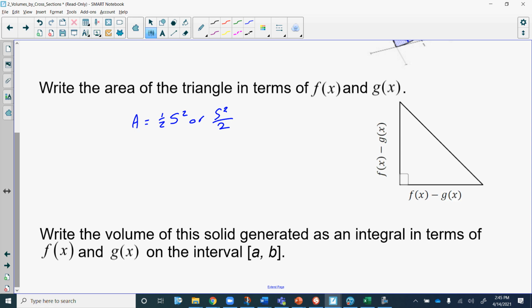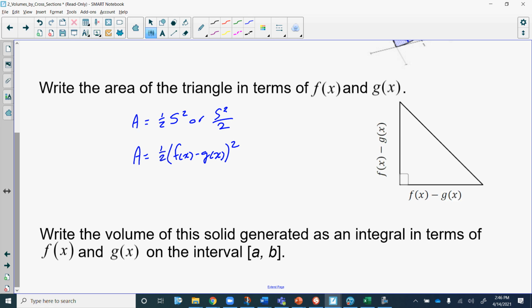And in this case, we're going to just plug in the value that they're giving us for the side. So here the side is going to be 1/2 times f of x minus g of x squared, like that. Or you could write it as f of x minus g of x squared over 2.